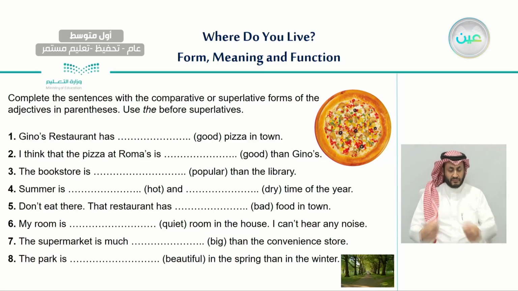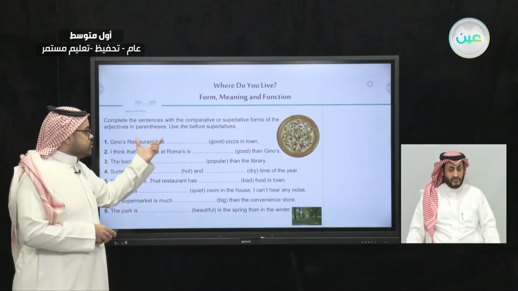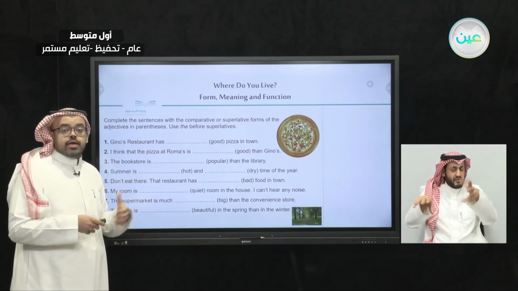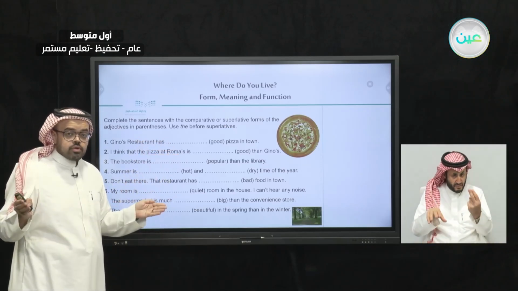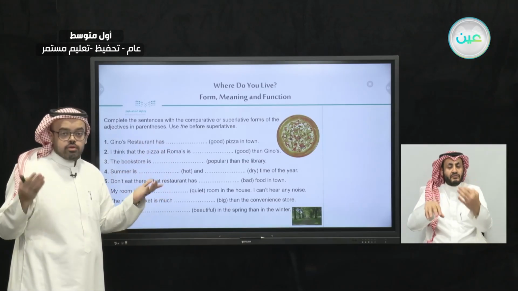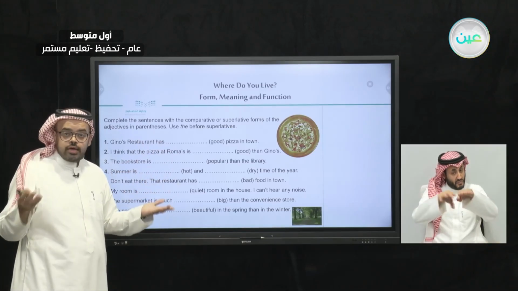Sentence number one says, Gino's restaurant has the good pizza in town. So before you answer, you should ask yourself one thing: does this sentence imply comparing between two things or more than two things? Excellent.